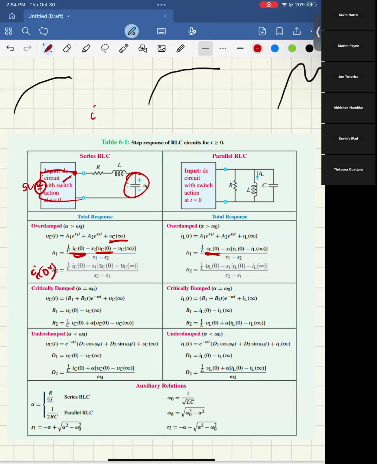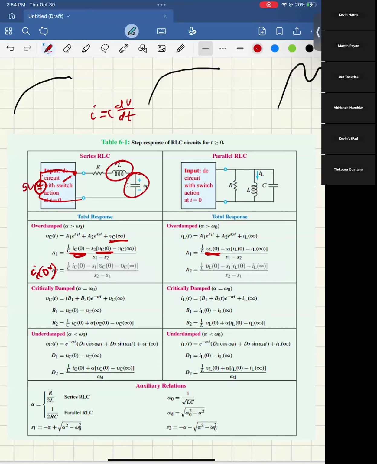It's the voltage across the capacitor that can't change, because it has to be differentiable, and you have to have charges flowing on and off the plates. Whereas the current could technically change instantaneously. So what this is saying is that for a lot of questions, this term might end up being zero.